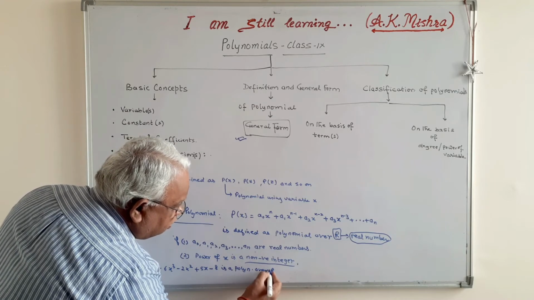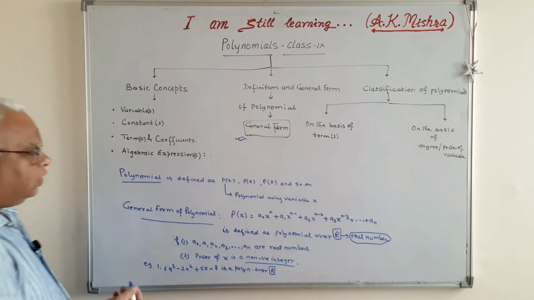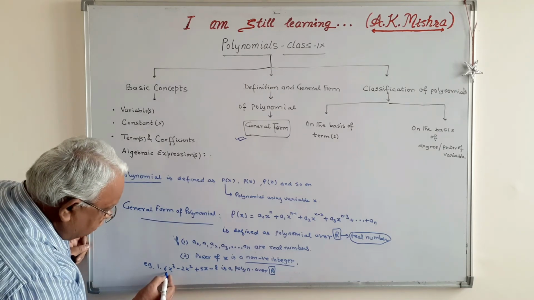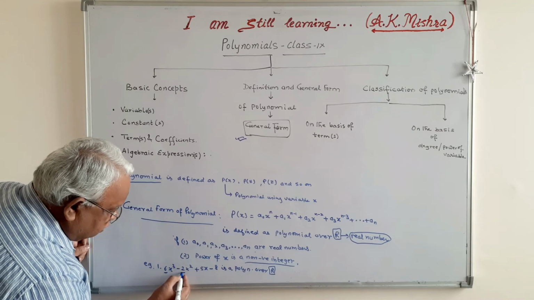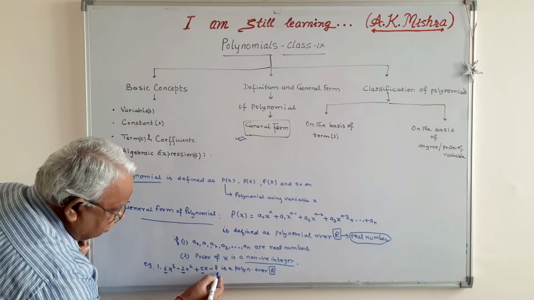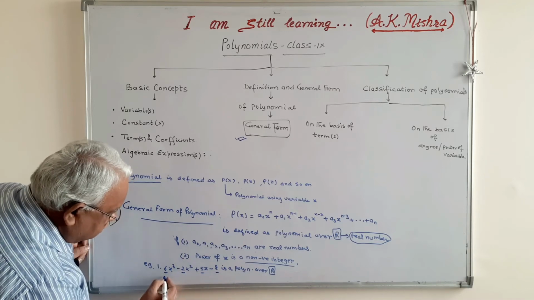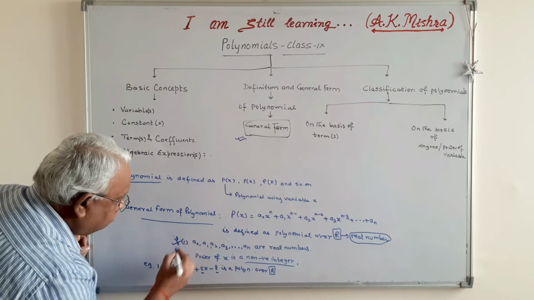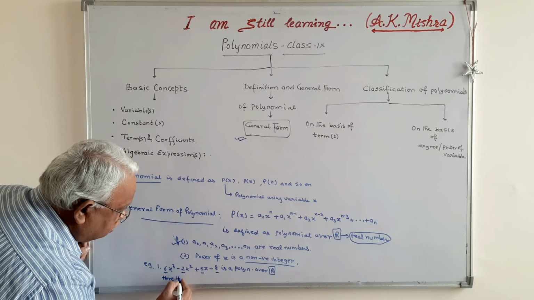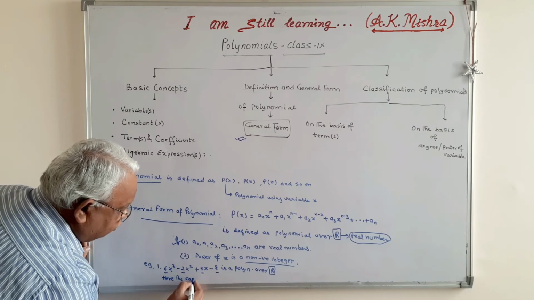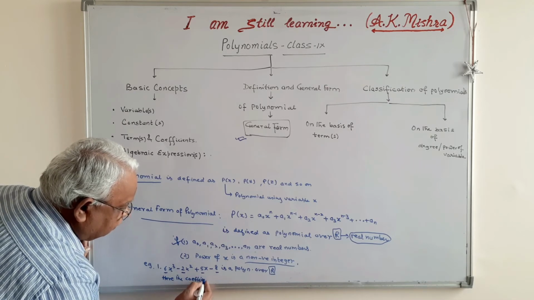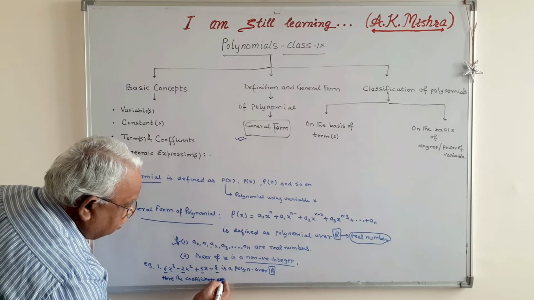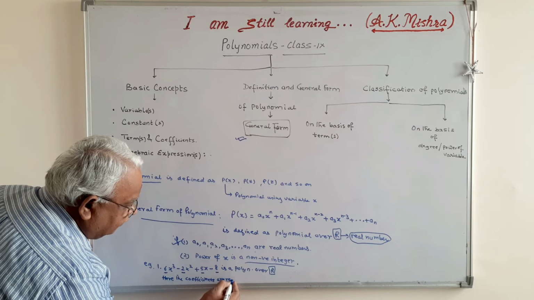When you talk about a polynomial over R, what do you need to check? You need to check all these coefficients. Number 1, the coefficients are real numbers.